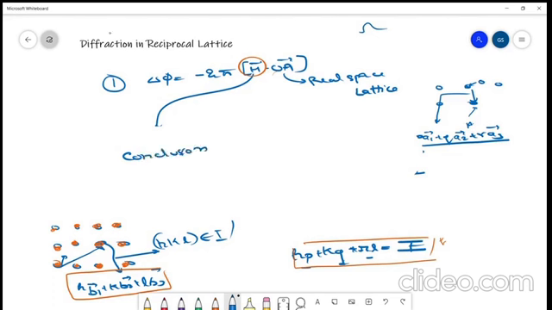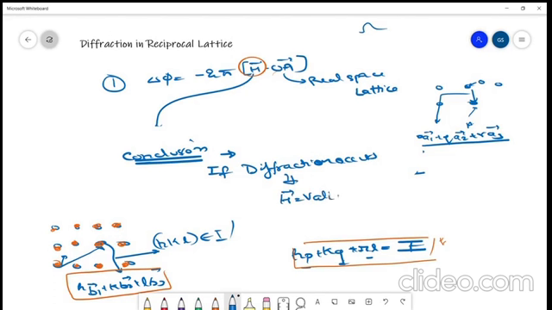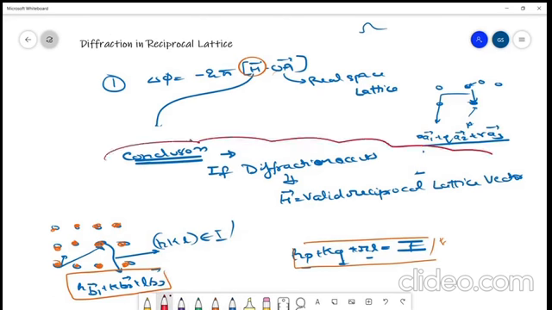So conclusion actually is, if we are having a diffraction, or if diffraction occurs, so this H is actually then a valid reciprocal lattice vector. So this conclusion might not sound that intriguing, but actually this is really important.